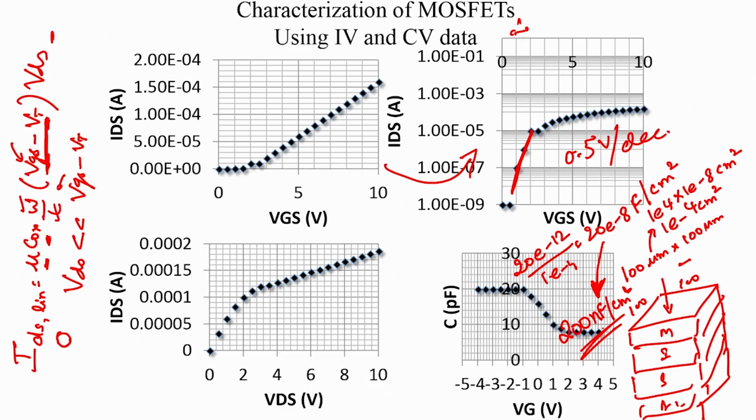And let us look at the output resistance of the MOSFET. So, here we can see that the small signal output resistance, the dVDS by dIDS, you can calculate that quite easily. So, let us just mark 2 points.